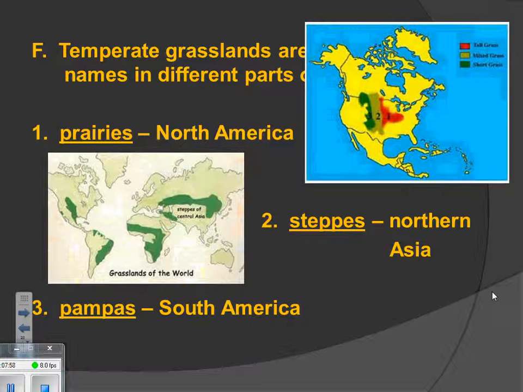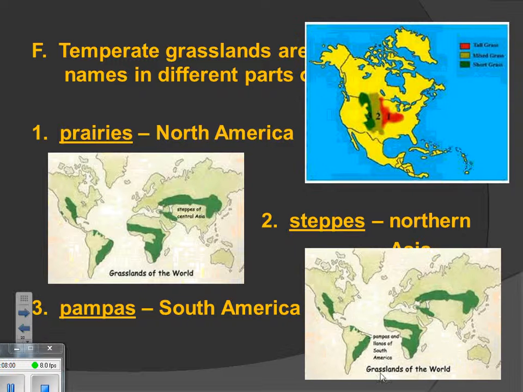And in South America, they are called pampas, and it is this area down here. They all are talking about the same thing, temperate grasslands. They just have different names because there's different languages.